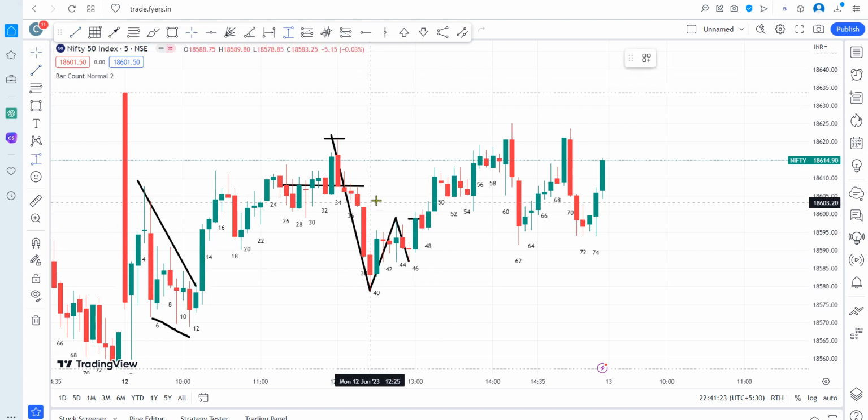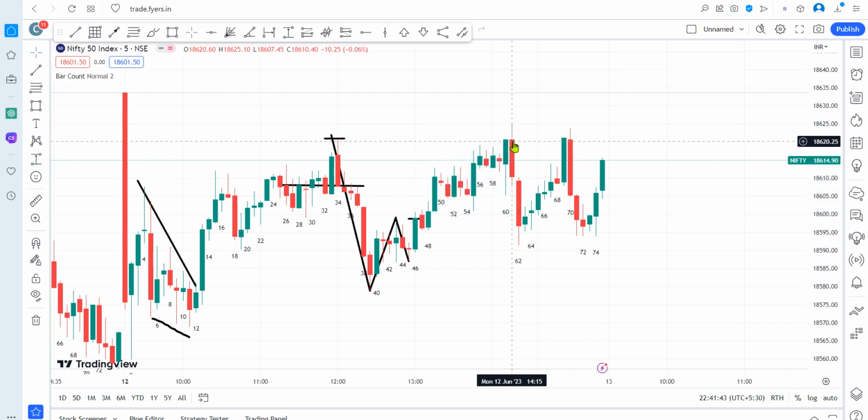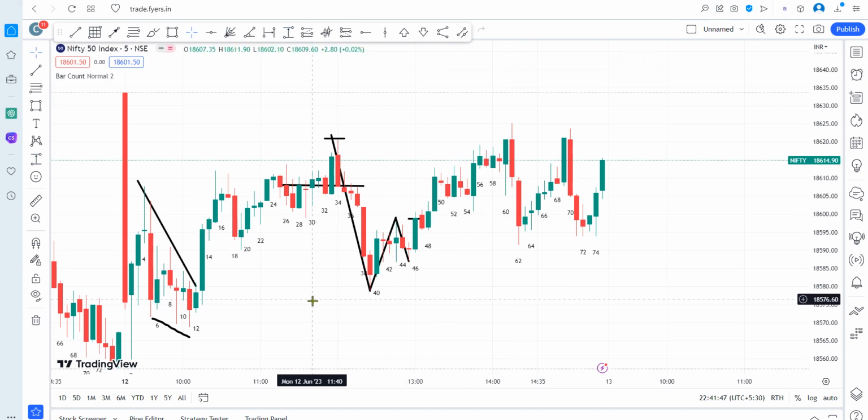Okay, so after buying this you just move your SL to 40th low, and after that 45th low, or you can move to 46 low which is breakout candle, and there is 20 point move here. So this is also good idea approach for this day.